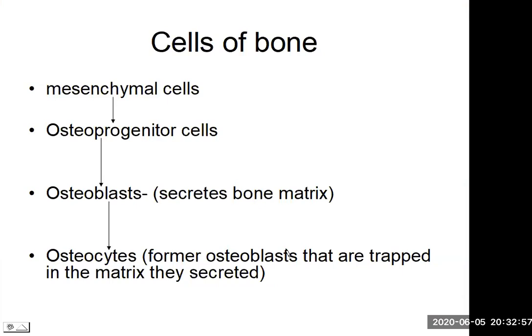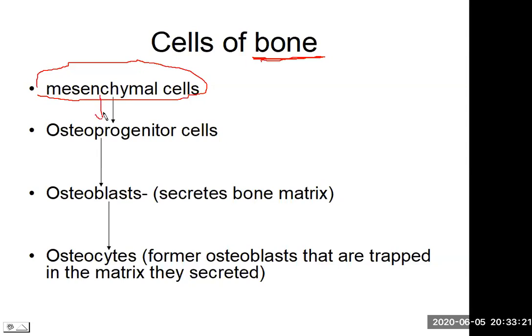So of course, within connective tissues, there's unique types of cells, and bone is one of the many types of connective tissues. In fact, for that reason, the connective tissue stem cell is known as a mesenchymal cell or mesenchyme. So in the environment of a developing bone structure, the mesenchyme cells will differentiate.